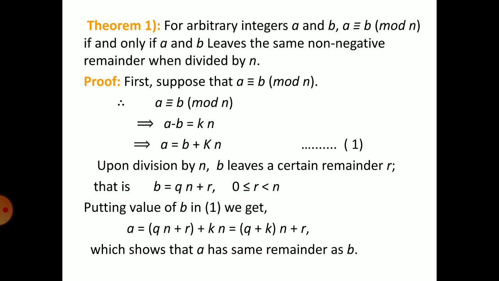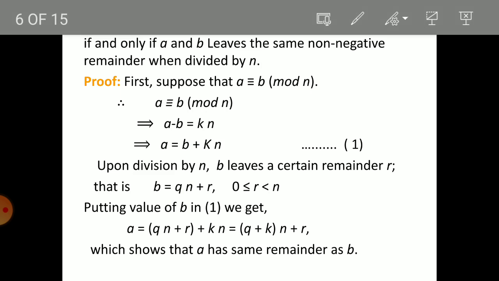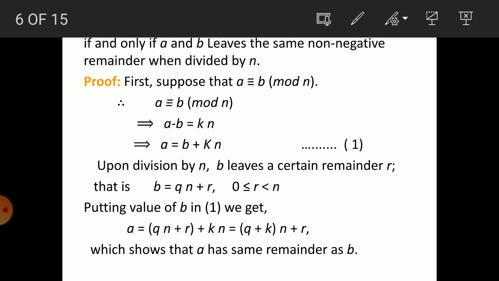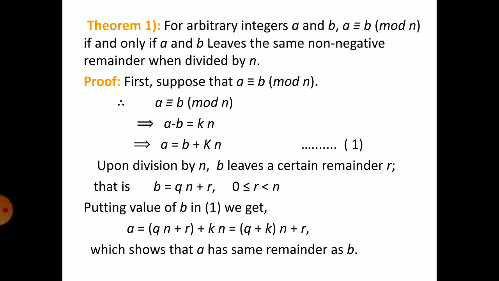Now put the value of b in equation 1. After putting it here and simplifying, you will get a is equal to q plus k, times n, plus r, taking n common.